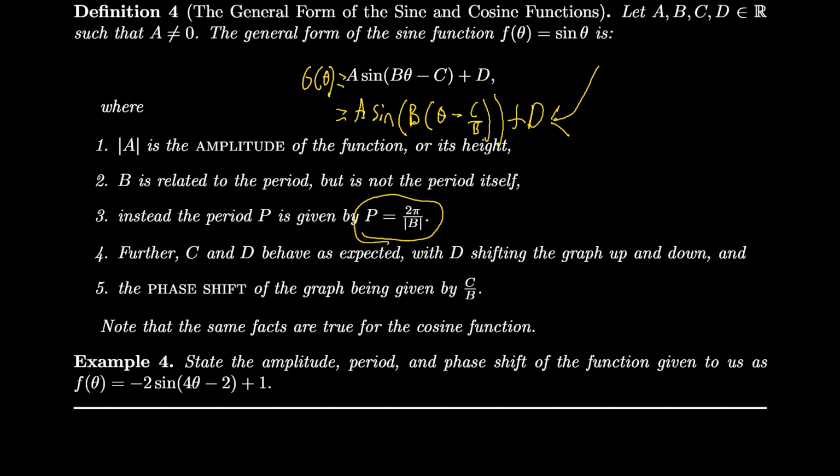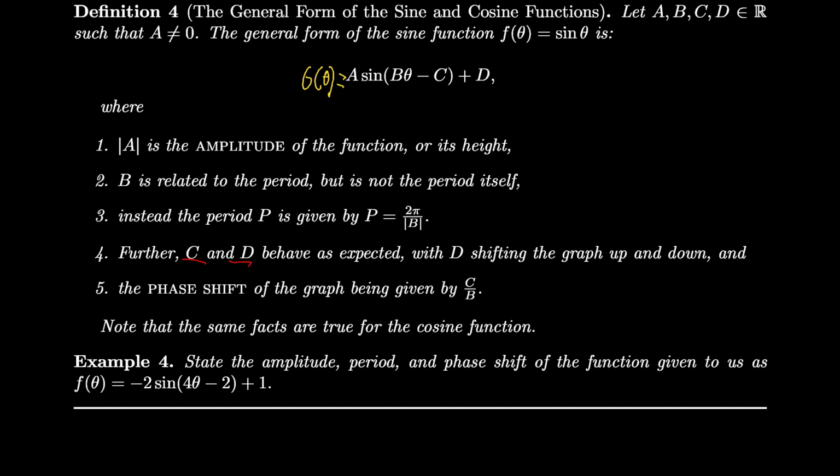So this is where this comes from. And if you don't believe me that that would work, just distribute this B back in, and you'll see that you do indeed get exactly this. Anyway, that's where all this comes from. So let's try and remember that C and D behave as expected. D is going to shift the graph up and down, and then left and right is moved by this factor of C over B.